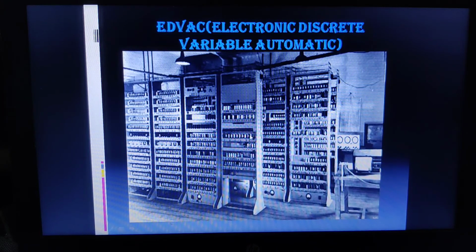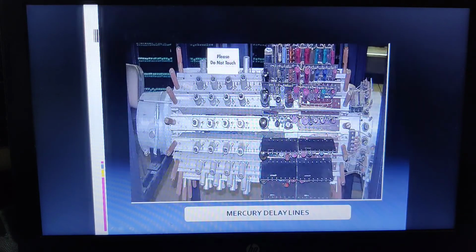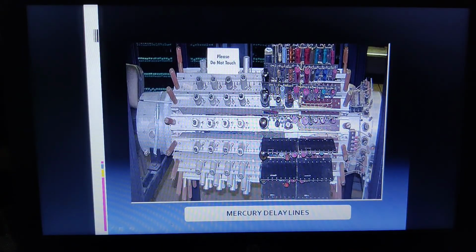Now let us see what are the features of the EDVAC system. The idea was to store the program inside the computer. When the program was being stored inside the computer, obviously its internal memory was more. EDVAC had more internal memory, and it was provided through mercury delay lines, as you can see here.